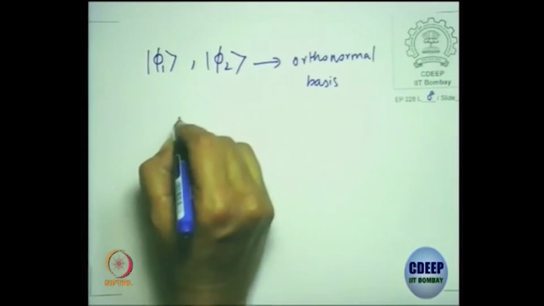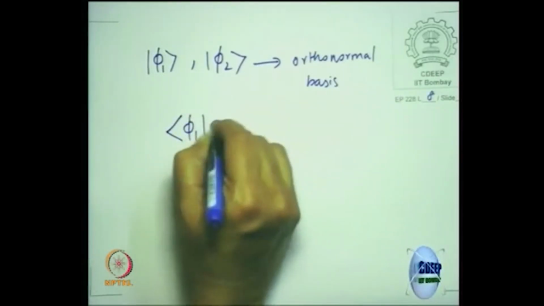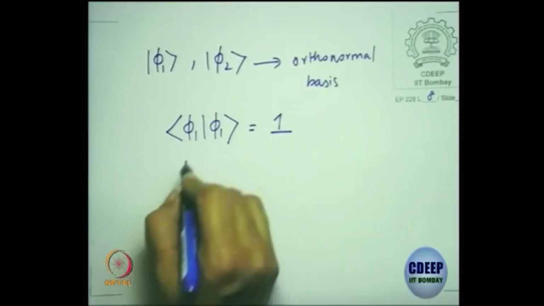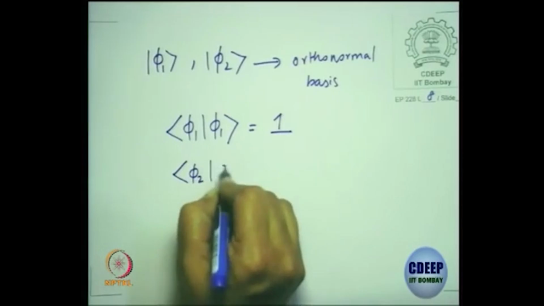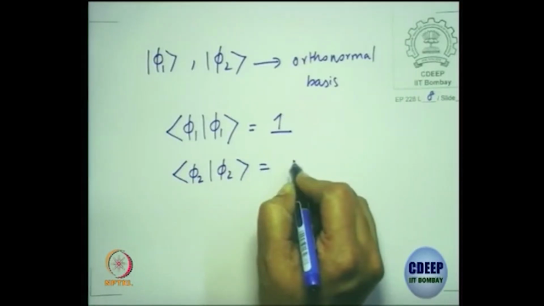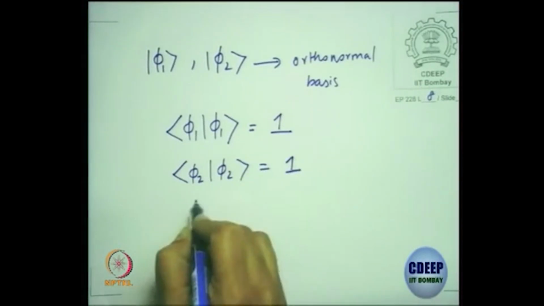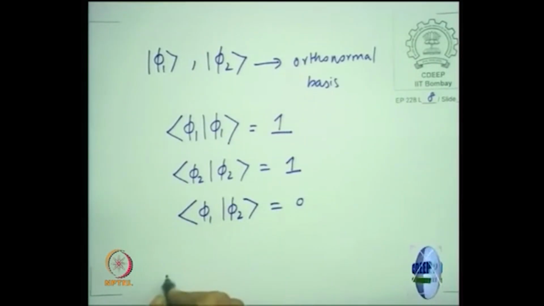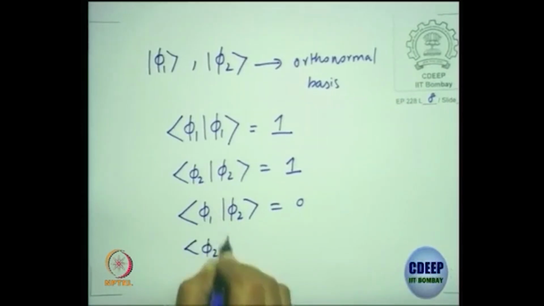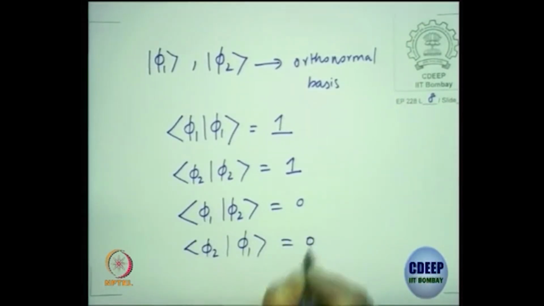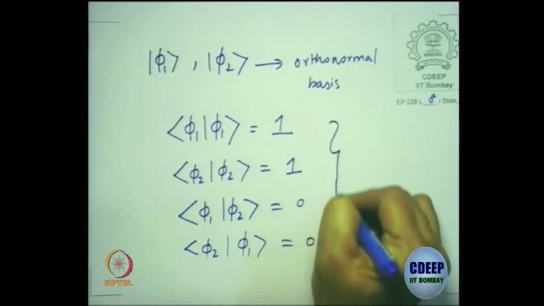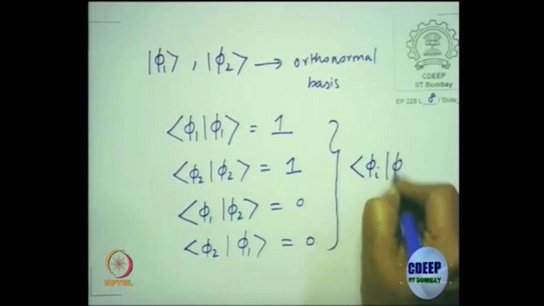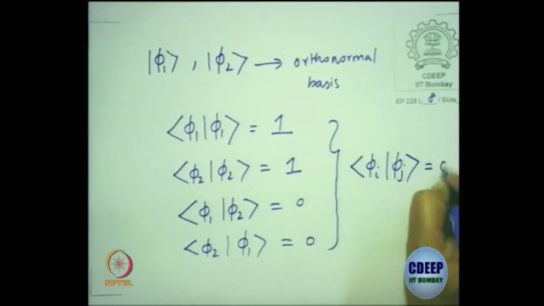When is that? When the inner product of phi 1 with phi 1 equals 1, phi 2 with phi 2 equals 1, and phi 1 with phi 2 equals 0, phi 2 with phi 1 also equals 0. This can be compactly written as the inner product of phi i with phi j equals delta ij.